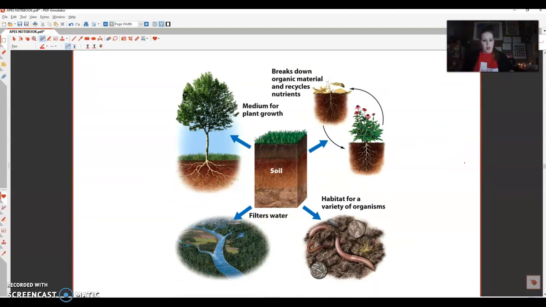Now, this is showing us the importance of soil. So on the AP test, you should be able to identify all of these as reasons why soil is important and why we need to protect it and conserve it.